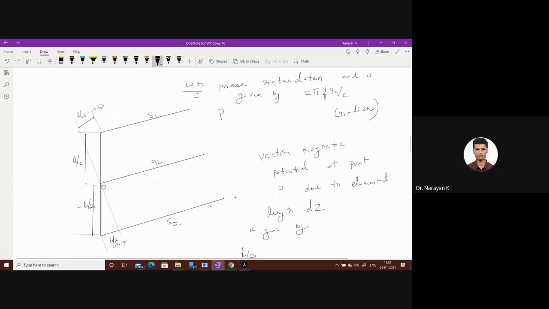Please see the figure. This is where I place your charge plus q. This is where I place the charge minus q. So what is this distance? S2. This is your point P. Getting it? Yes, sir.